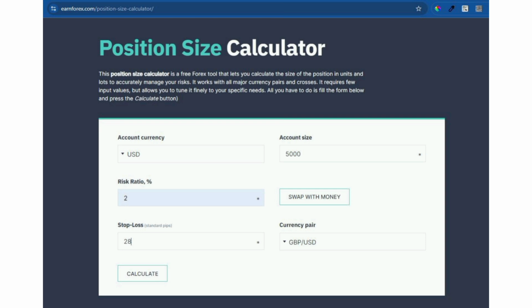For me, I'm using percentage risk, so I have put 2 there. What it means is 2%. If I place this trade and the trade goes against me and hits my stop loss, I'm only going to lose 2% of my trading capital.